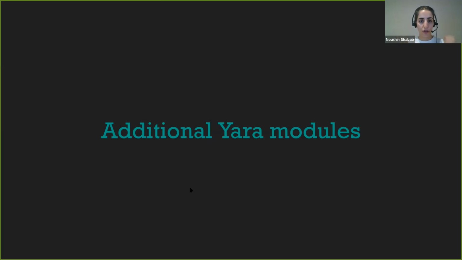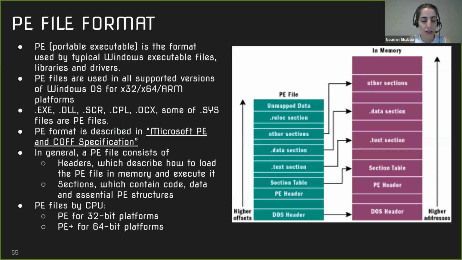So let's talk about the additional YARA modules. First of all, let's talk about the PE file format. I'm not sure how many of you are familiar with the PE file format, but PE, or portable executable, is the format used by typical Windows executable files, libraries, and drivers.